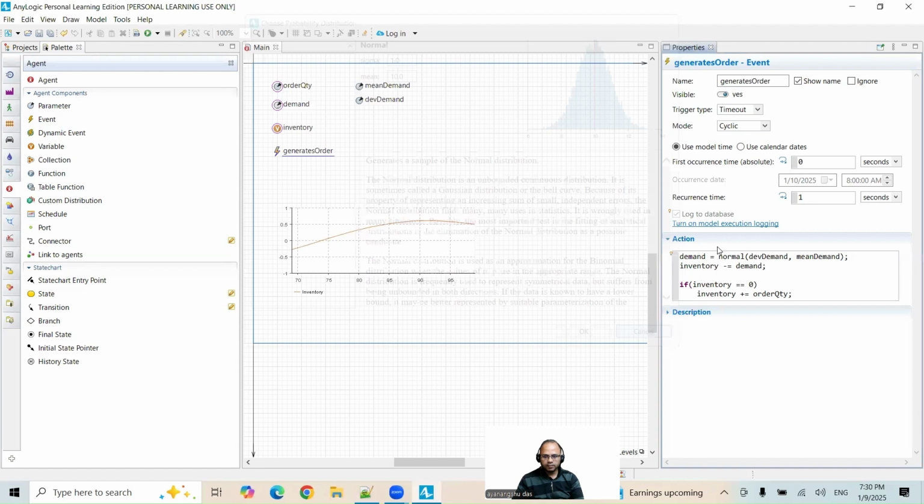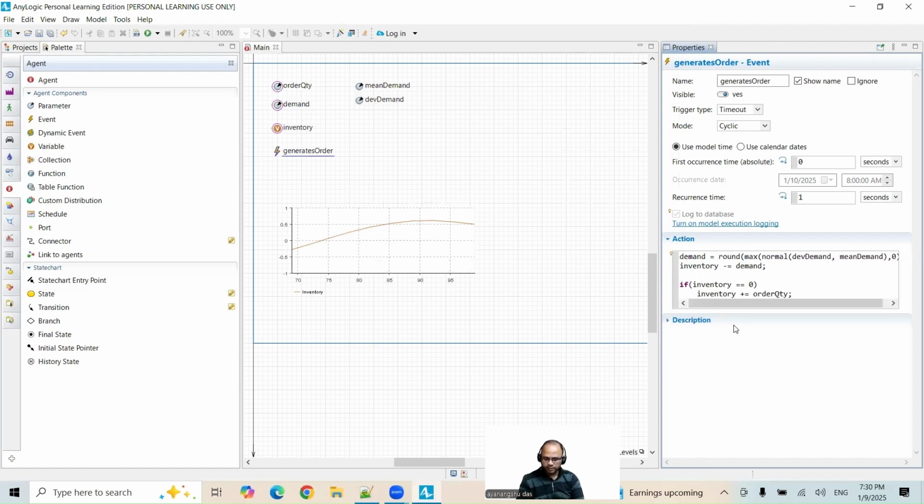We don't want the demand to be negative, so if it is negative, we will make it 0. It may also give us a fractional value, and we don't want the demand to be fractional, so we round it off. Now we will see how the inventory varies over time.